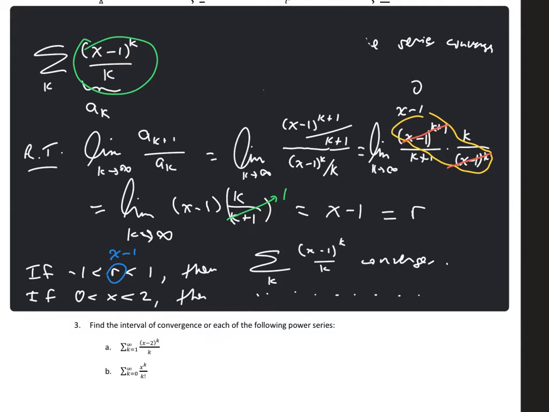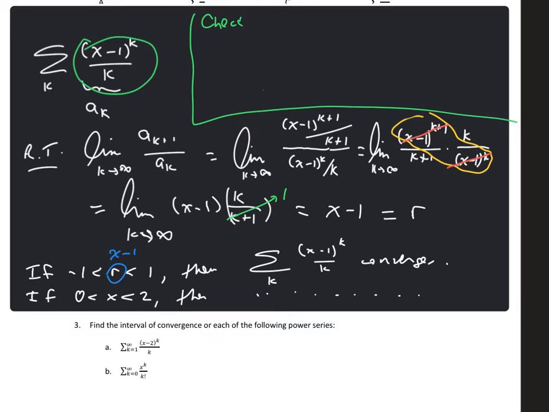So let me get rid of this. I'll just do that up here. So I'll make a note of what I'm doing. I'm checking the endpoints. And this is not hard to do. The biggest problem people have is they just forget to do it.